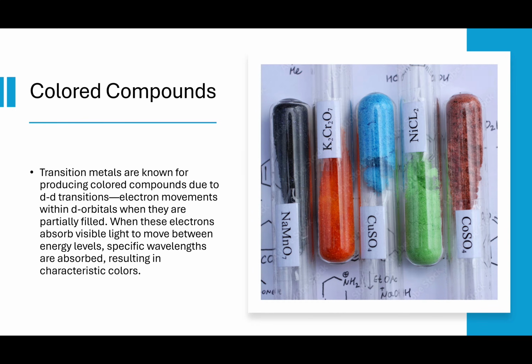We know that these elements form different types of colored species. So it's something that we've known already, but we're just looking at it in a little bit more depth. We're going to look at how they form these colored compounds and what really affects the colors displayed by these different substances.